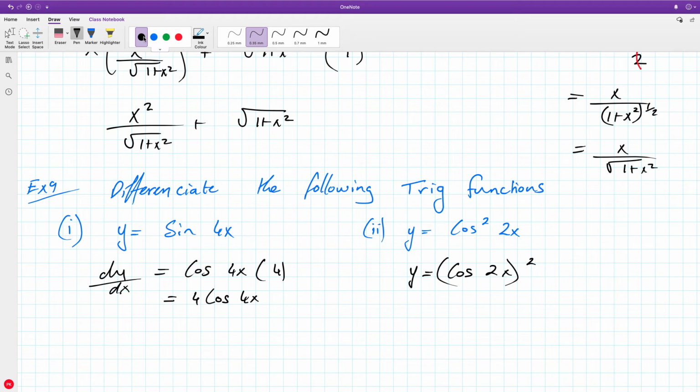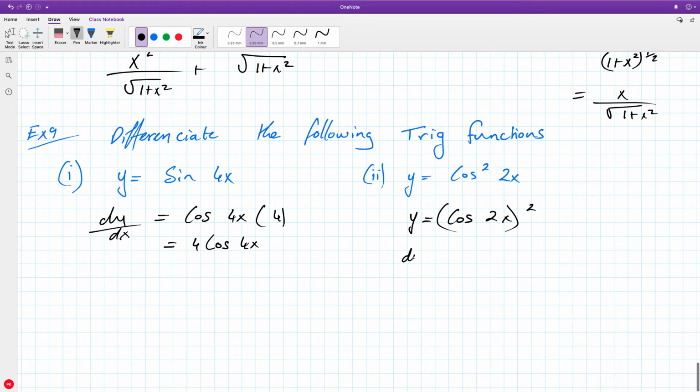Right. So dy dx. What am I going to do? Bring down the power, leave the bracket, reduce the power by 1, and then differentiate the cos of 2x.